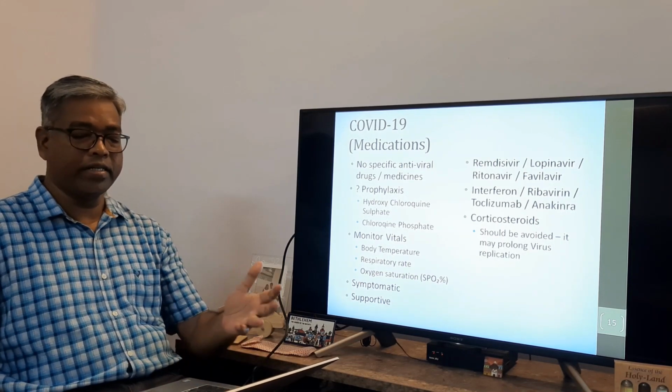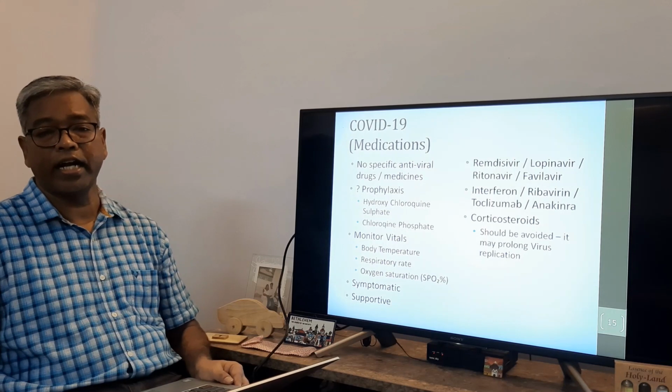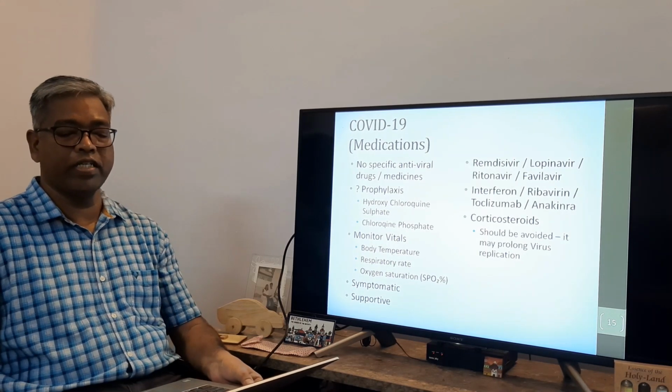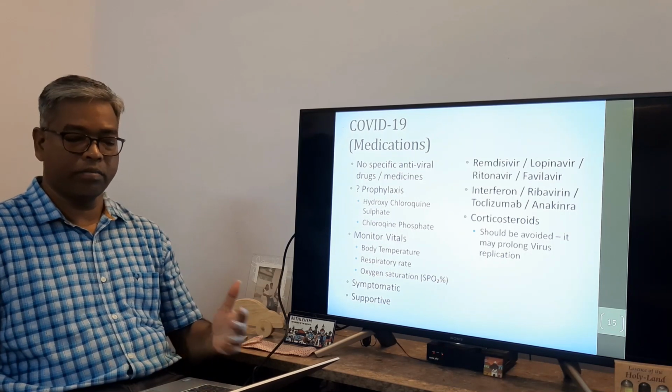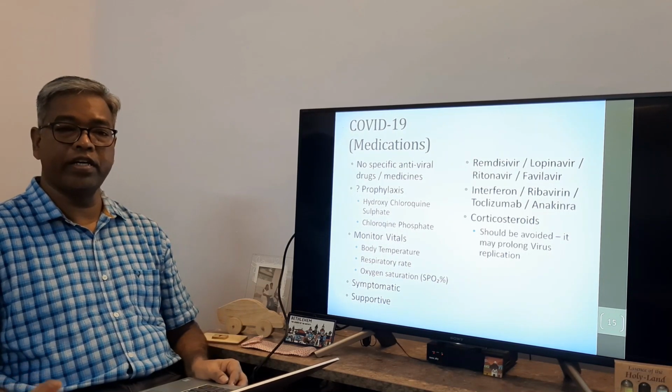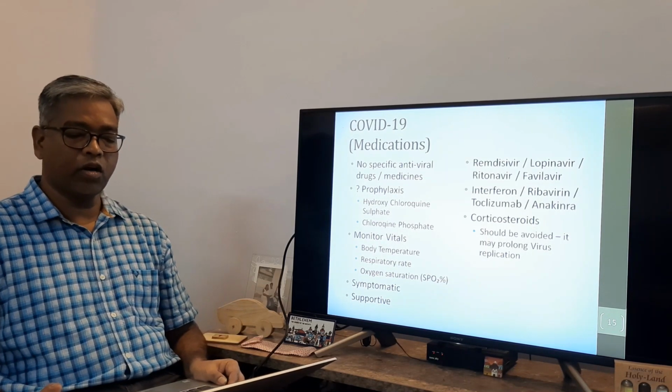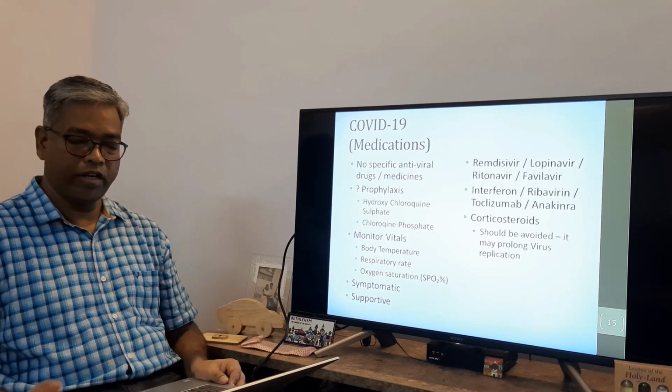These are the medicines, but of course these will not be taken at home, and these are all advised when you're in the hospital and probably in severe infection, or maybe in the ICU, where they will use these.